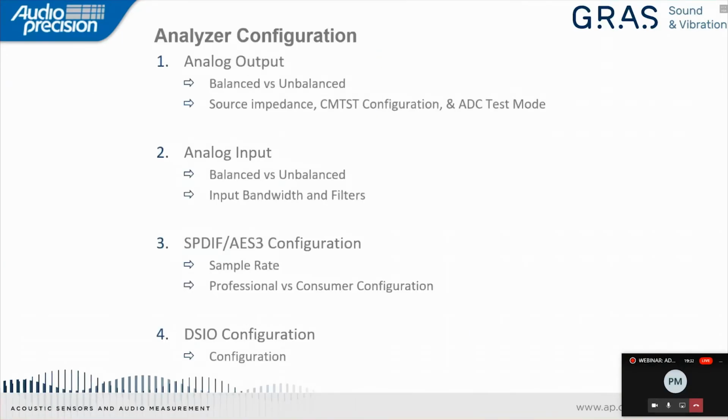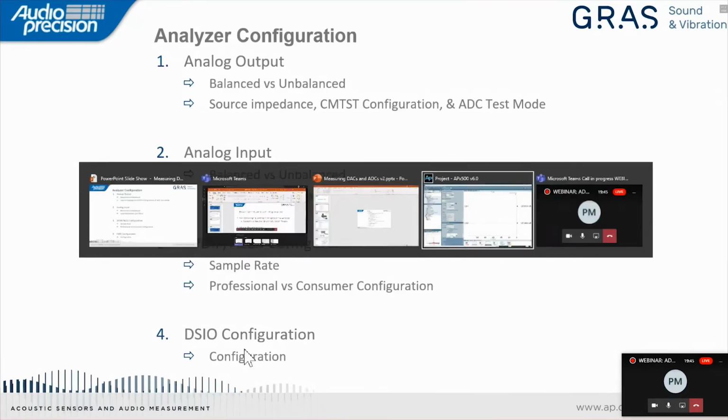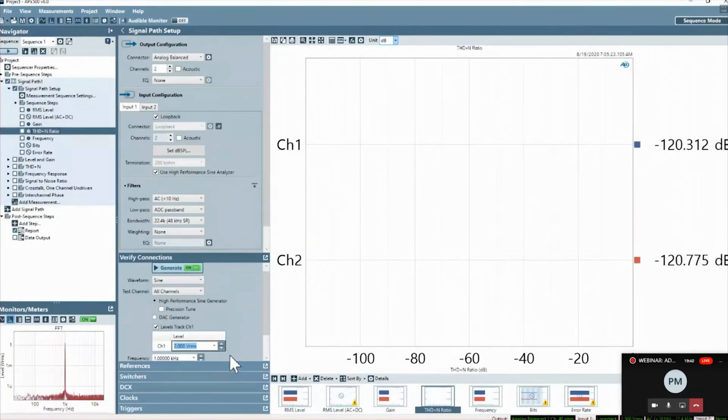Okay, so throughout this presentation, I'll be diving back and forth between APX software and this PowerPoint presentation. Let me take a moment to talk about the APX555 itself and why we're looking at that today.